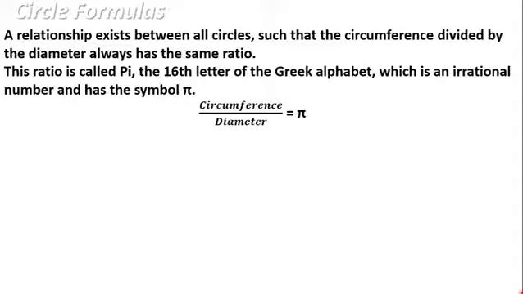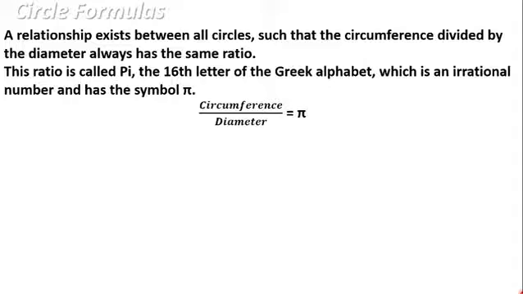So your circumference divided by your diameter will give you pi, which is of course 3.14, and it goes on like that. Most of the time you will use a 2 decimal place pi, 3.14 or 3.142, depending on whatever it is that you are given to use.